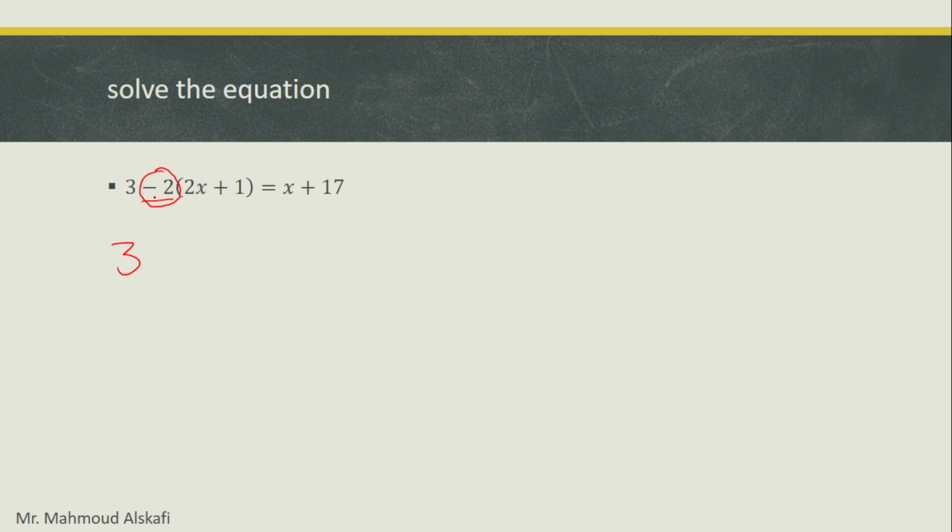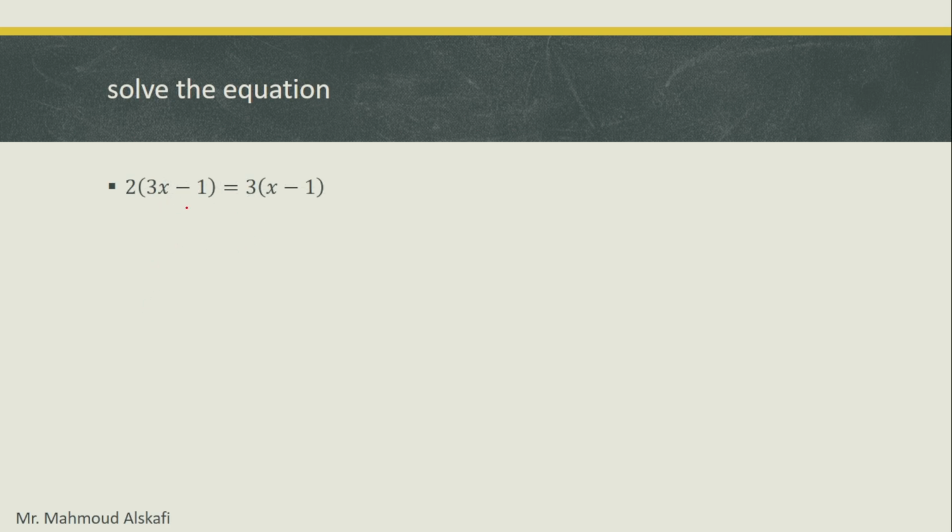So here, negative 2 times 2x gives me minus 4x. Minus 2 times 1 also gives me minus 2, equals x plus 17. And we already solved a lot of examples, so I don't need to complete. You need to complete just the idea. I told you the first idea.